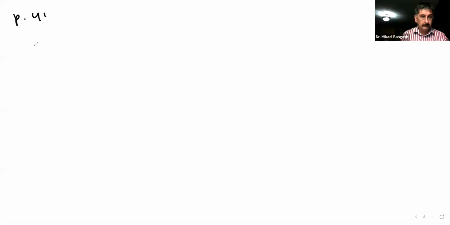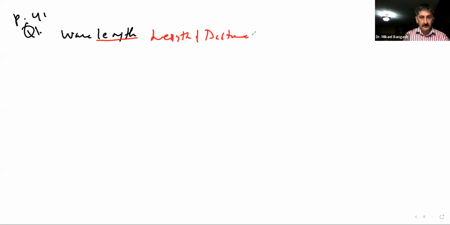Page 41. Question number 1. Now, what are the units of wavelength? That's going to be mainly any unit of length or distance only, not squared, not cubed, not whatsoever.